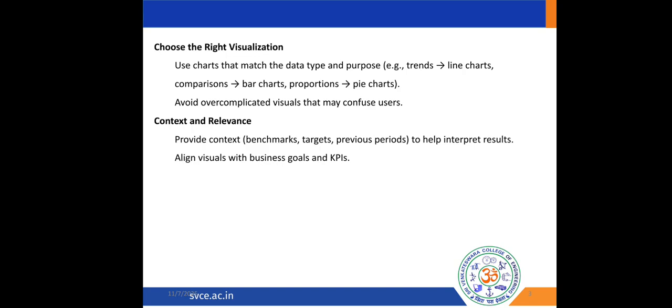We have an example we can tell: if we take a bar or the column chart, it is excellent for comparing values across different categories, as humans can easily compare values side by side. So that is the purpose of a comparison.